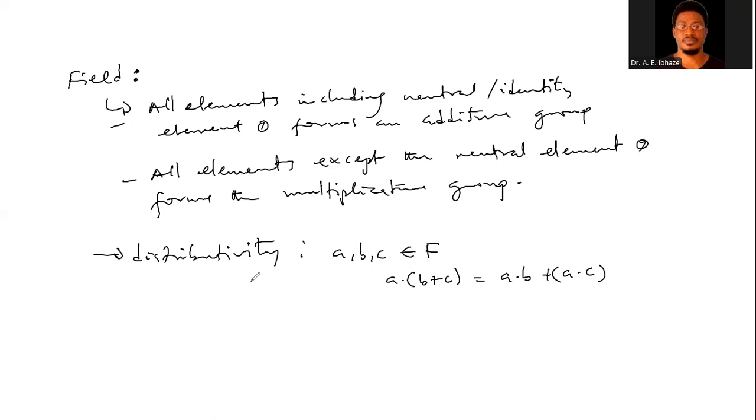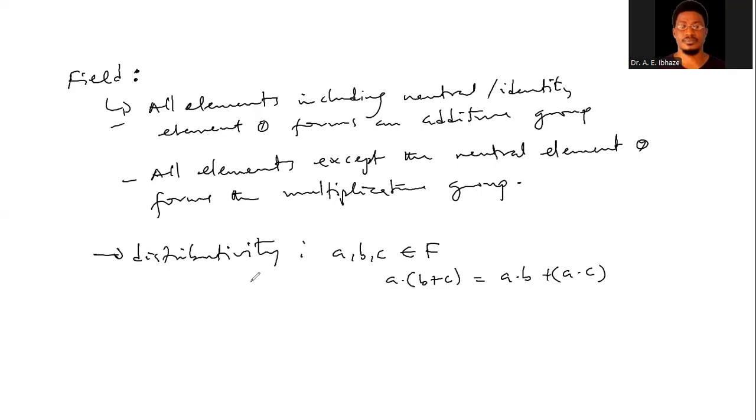And the order of the field is the same as the total number of elements in that field. So we say this is of order 8, order 9, order 10, order 2. So when we are able to tell the total number of elements in a group, then we are able to tell the order, okay? Which gives us the information about the cardinality, okay?